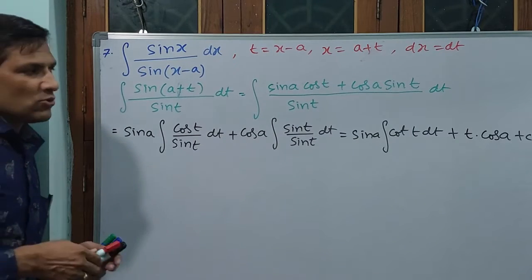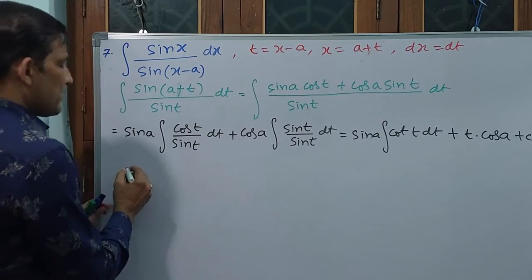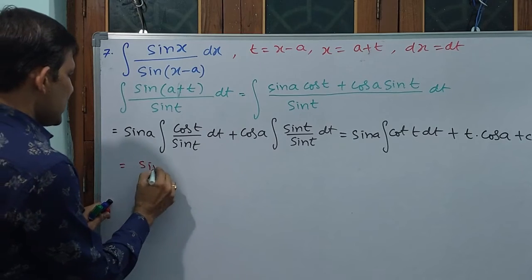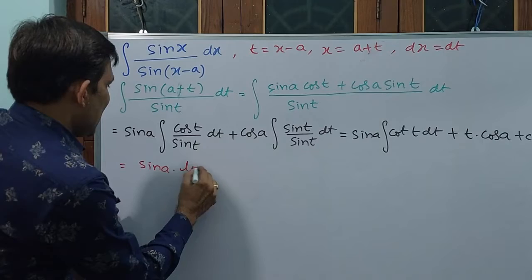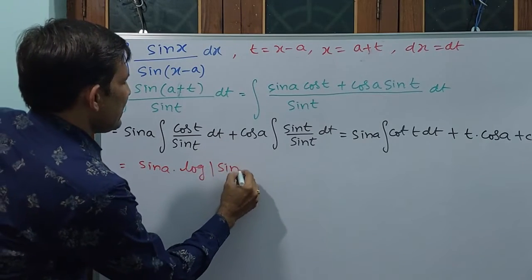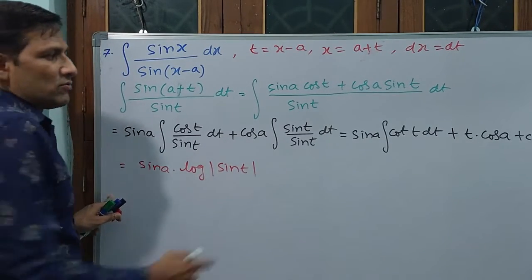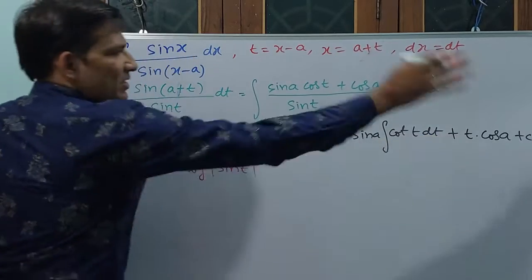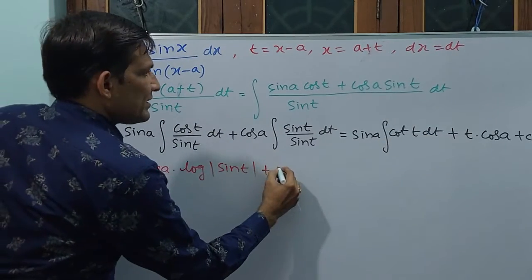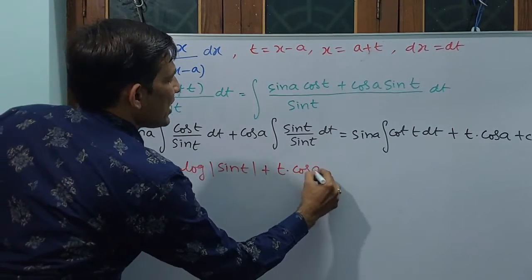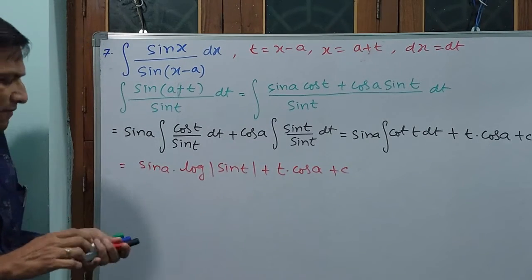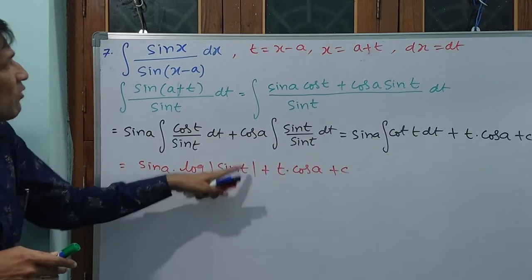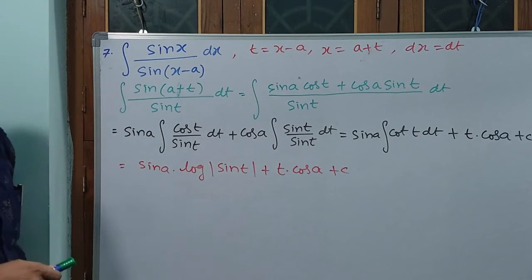Okay, like this you have to know. Already I have explained several times. Okay, sin a into log of modulus sin t, modulus close. Okay, this is over. Plus, already you have written, t into cos a plus c. See, this will be the final answer, but you see here, t you have to substitute. Why? Because t you have not yet substituted.